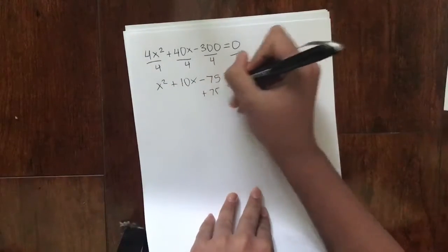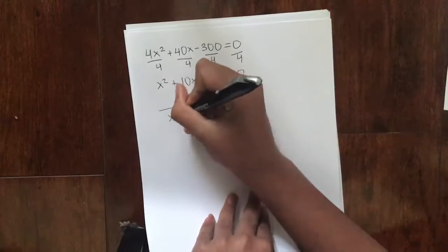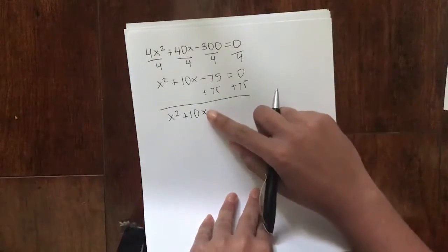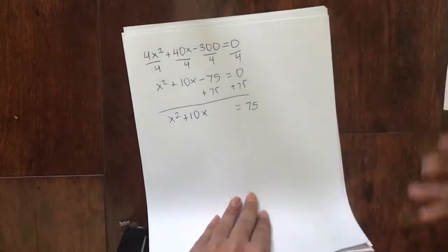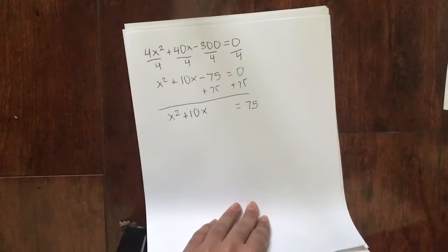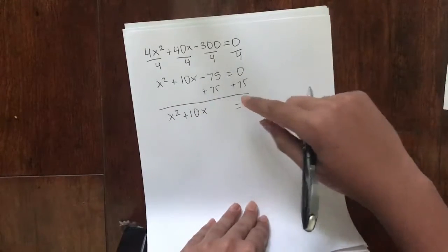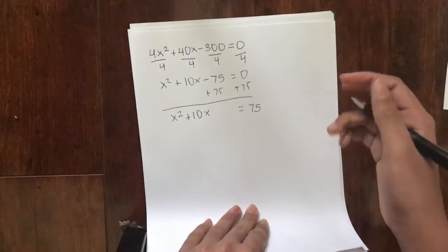So we can add 75 on both sides, and this is where we start to complete the square. So x squared plus 10x is equal to 75. We want to complete the square for this side so that we can simplify it and get our roots.